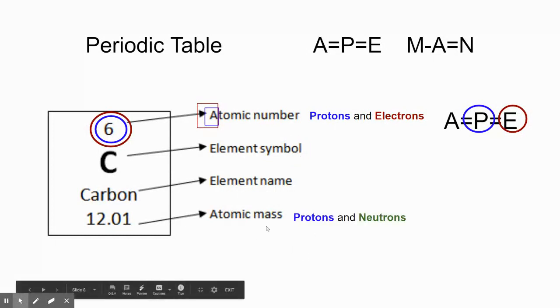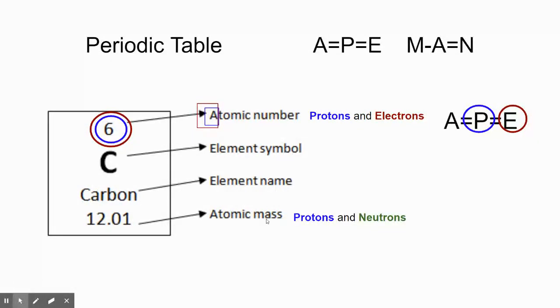So now let's look at the atomic mass. This is the center of the atom, in the nucleus. So it's the protons and the neutrons. These are the large parts of the atom. Mass tells us how many protons and neutrons together there are in the center of the atom.